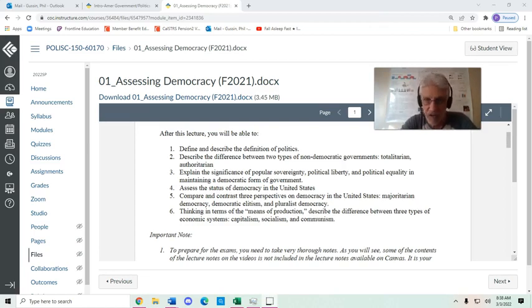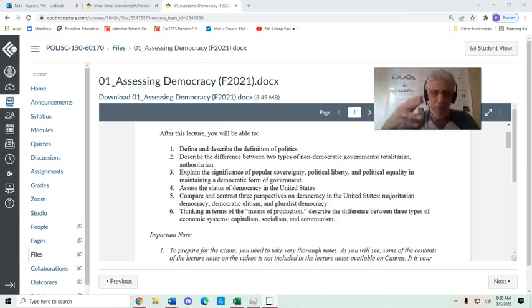And you can see that there are 6 learning objectives, right? One is defining politics, one is defining totalitarian and authoritarian forms of government. The other one is about political liberty, political equality, sovereignty. And if you think about the third one, I spent a lot of time talking about popular sovereignty, political liberty, political equality, and maintaining a democracy, right?